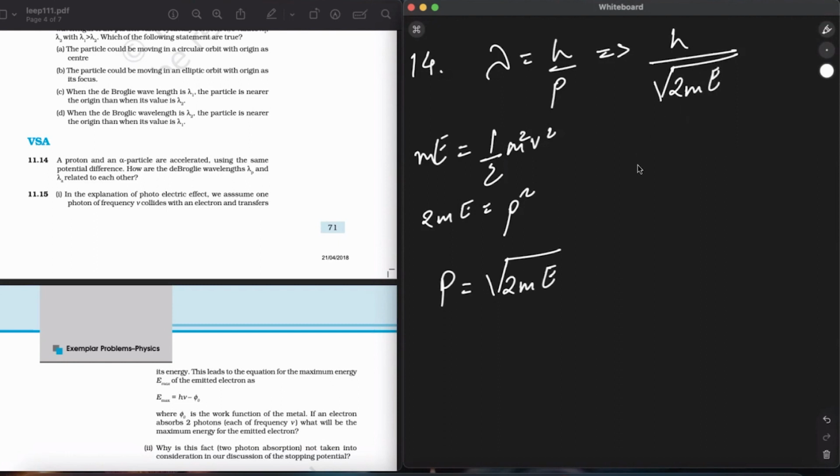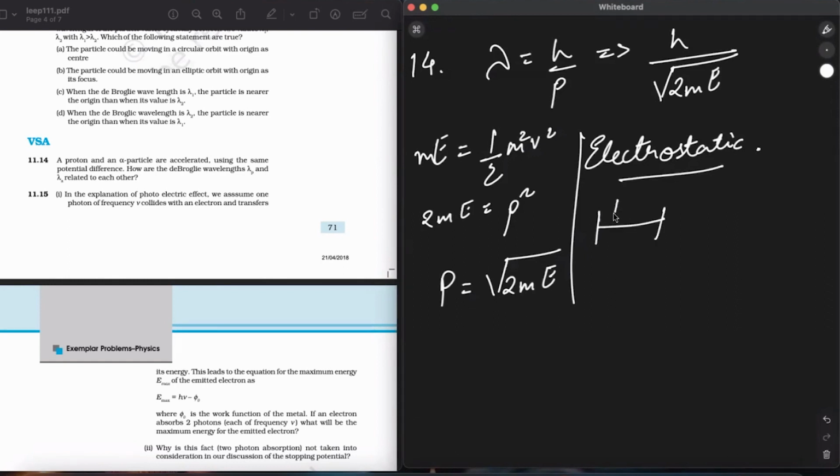And what about energy? By the concept of electrostatics, what is potential difference? If there is a potential difference V, this is the energy that is developed when a charge Q passes through it.